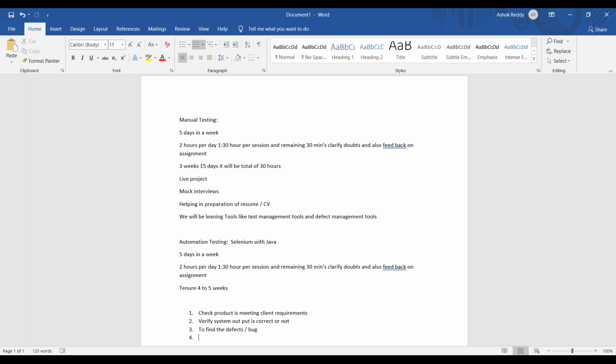So make sure not to confuse here. Your actual result should always meet with the expected result. It should not be vice versa. Are you getting what I'm saying? You should never compare the expected result with the actual result. You should always compare: the actual result should meet the expected result.